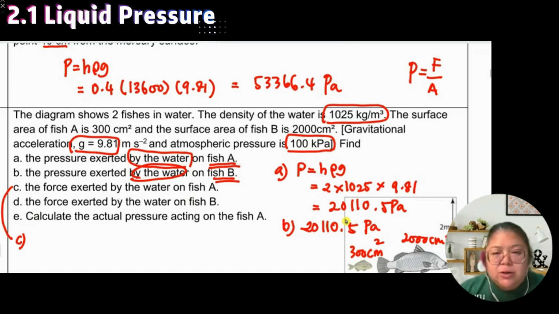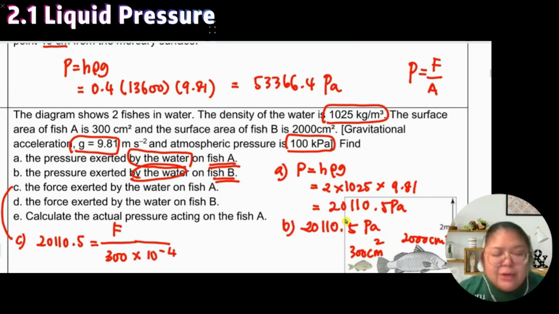The pressure I know is 20110.5, equal to force, which I don't know, over the surface area of fish A. The surface area is in cm squared, so you need to convert: 300 divided by 100 to change to meters, and because it's squared, divide by 100 twice, so you get 10 to the power of -4 and it becomes meter squared. So what is the answer for the force?